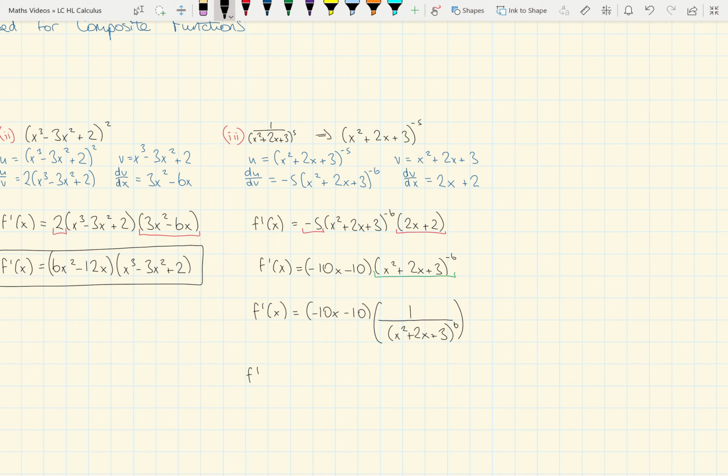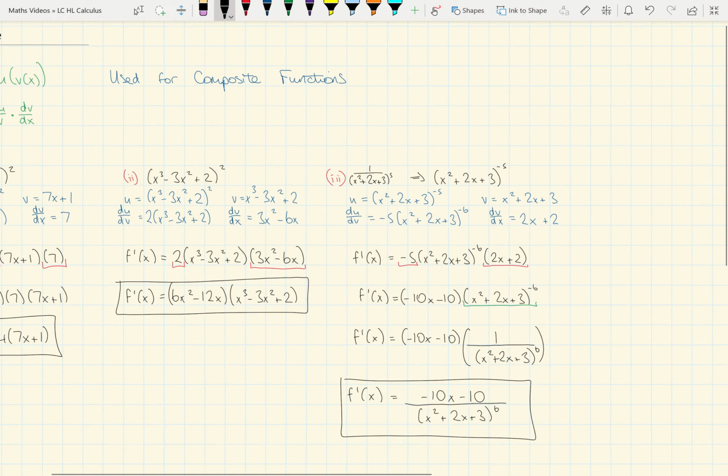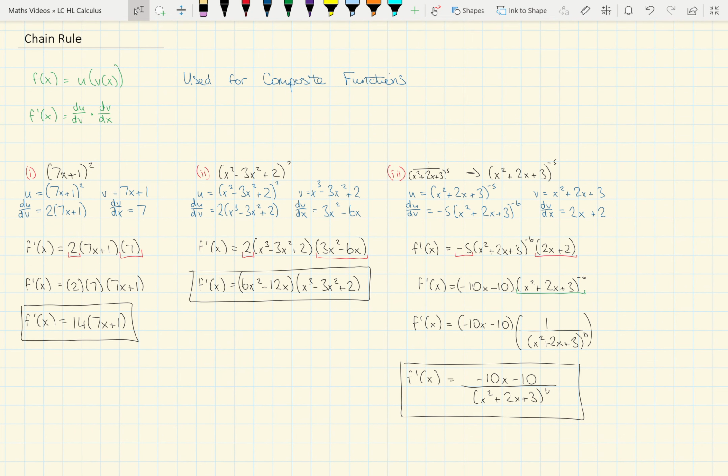And at the end now I can multiply my two brackets. So I'll get minus 10x minus 10 all over, and that's us done for that question. So a little bit longer, but the same rule, same process. So there's parts 1, 2 and 3 answered for chain rule examples.